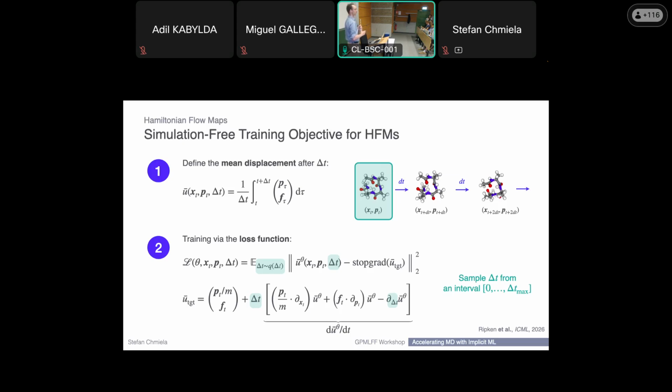So in principle this could be solved exactly by solving this integral in the first line, but then we again would need to have this trajectory information, which we want to avoid. So we turn this integral equation into the differential equation that you see in number 2. And the differential equation only uses instantaneous values. So it's an equivalent transformation.